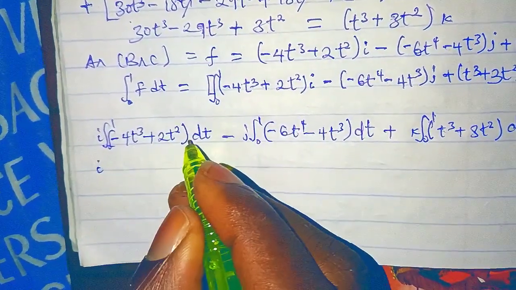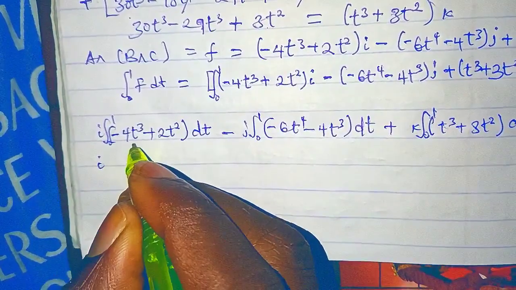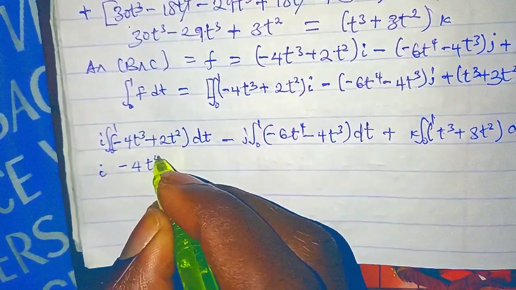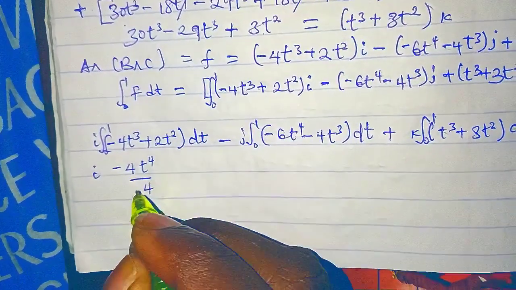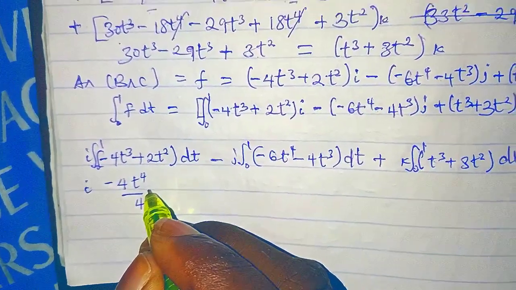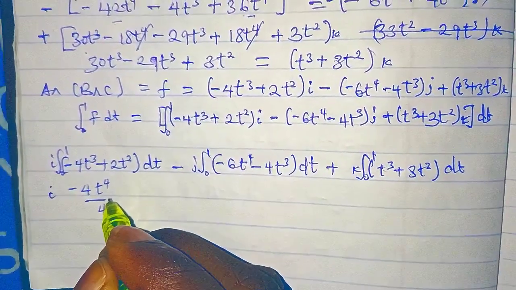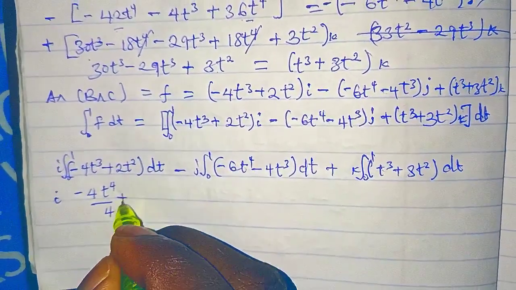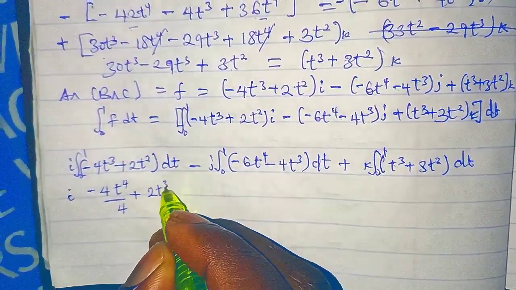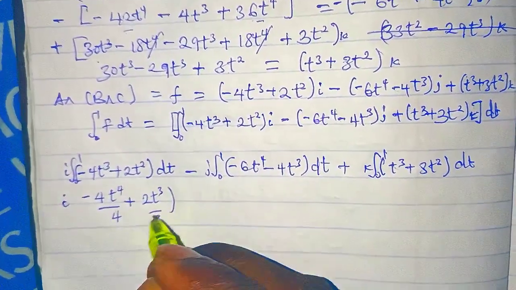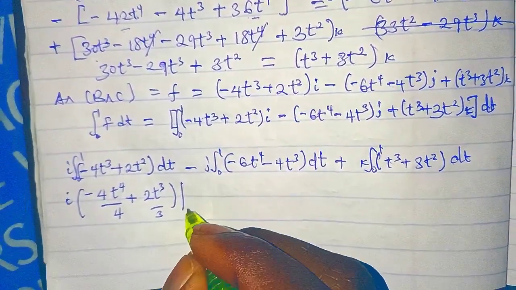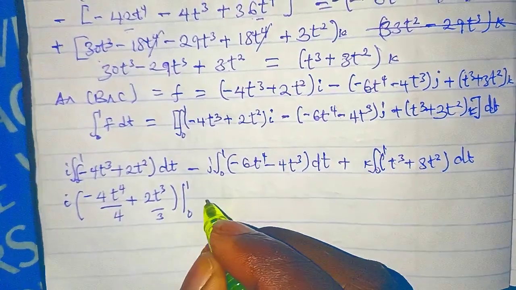Now integrating here, this is going to give us minus 4t to the power 4 all over 4. I believe you are familiar with your integration. Then integrating this, you're going to have 2t cubed all over 3 for i. Take your limit from 0 to 1.